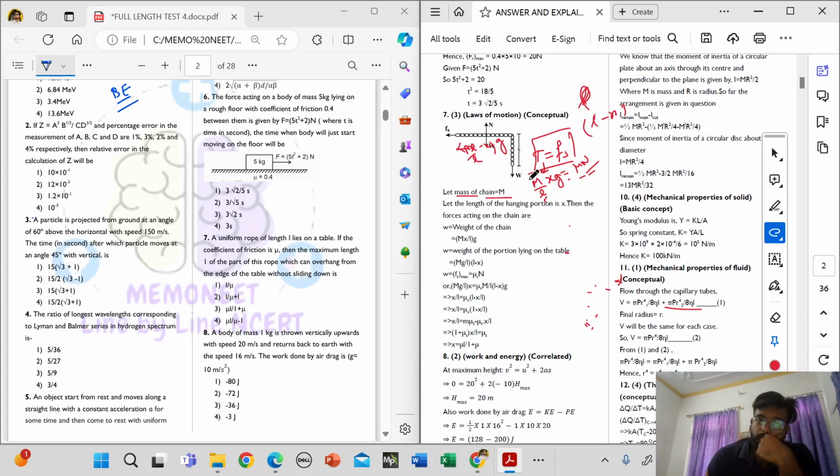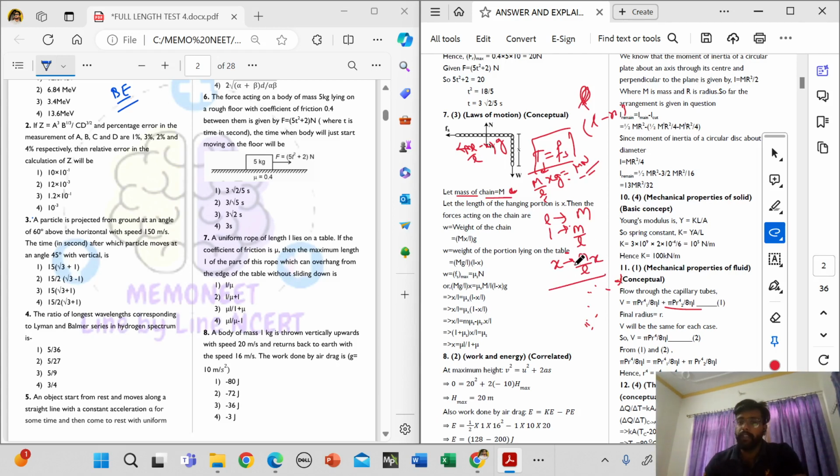Suppose the mass of this rope is m, and we have taken x as the part that is hanging. L length has the mass m, then unit length will have the mass m by L. So x units of the length of the rope will have the mass m by L into x.